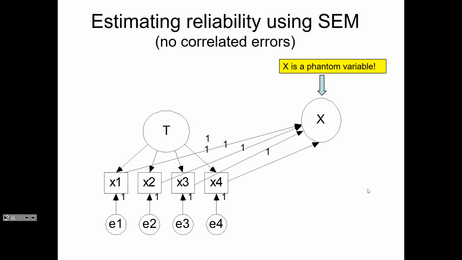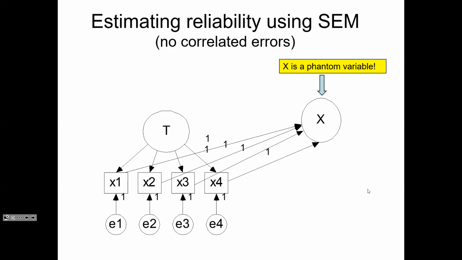But yeah, okay. So X is our phantom variable, and it's going to be basically a stand-in for the composite score. That's exactly what it's standing in for. So we're saying X1, X2, X3, X4 are all equally weighted. We're giving them all weights of 1, and they all predict X, which is going to be your scale score, basically. It's like this proxy for your scale score. Okay.